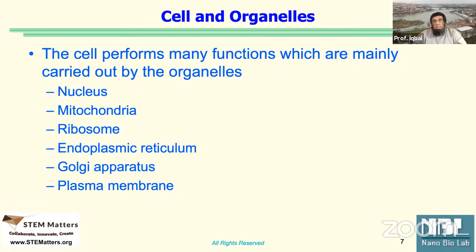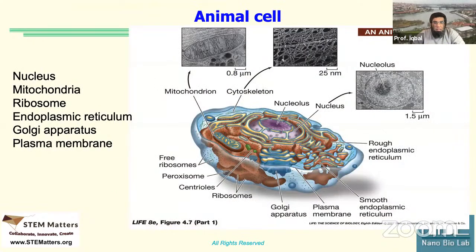This is the interface with the outside world. The plasma membrane provides many pathways, many connections, many openings with the outside world. So that's why we need to include it, and we'll look a little more closely at what happens in the plasma membrane, how it is formed, and what different things go on.